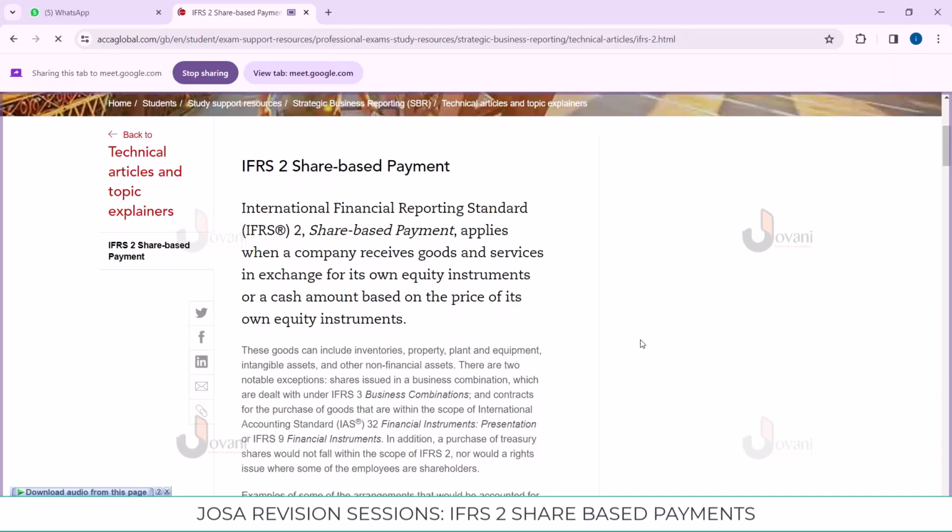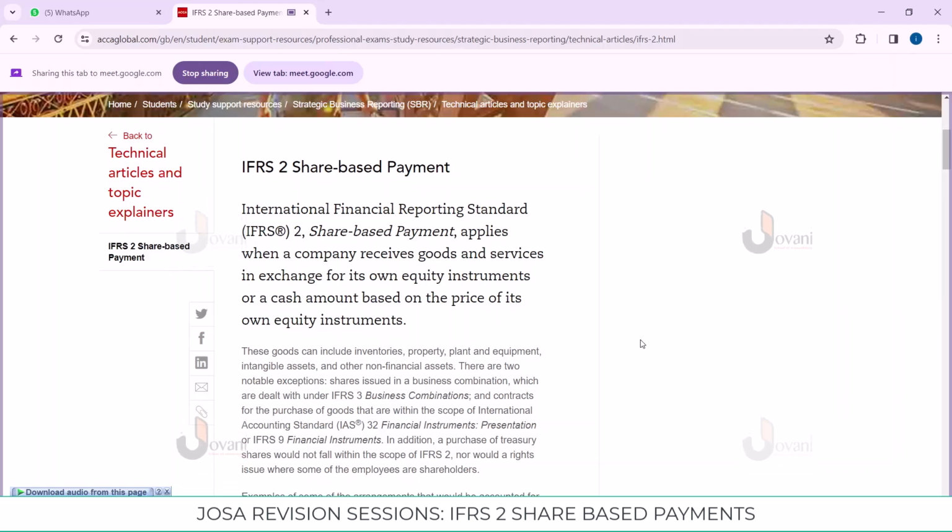Anyone who hasn't gone through this standard? Any student who hasn't gone through this standard? Okay, I presume the silence means we have all gone through it, and therefore we are ready to go through the revision session.